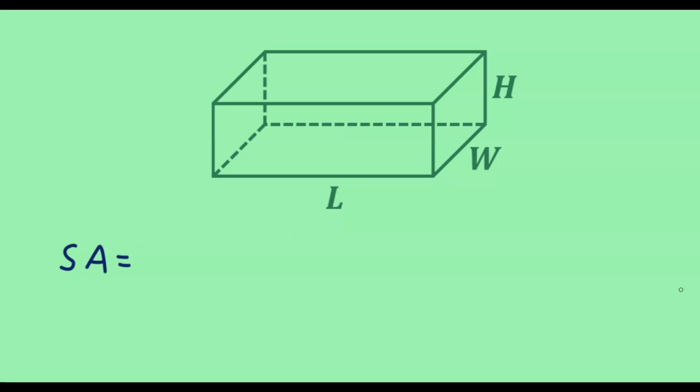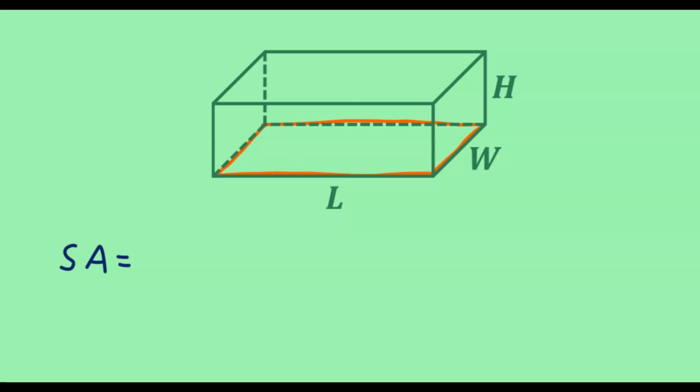Now let us consider the faces of the rectangular prism. First of all, consider this face over here, which is on the bottom. That is a rectangle.